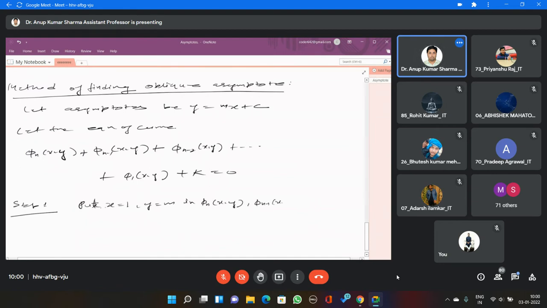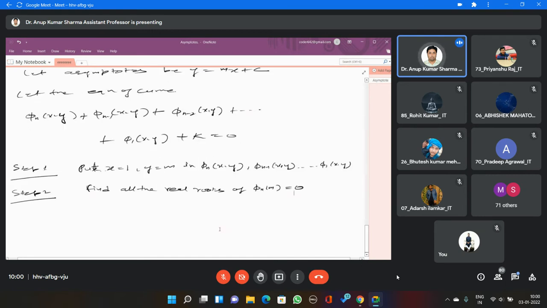Step two: find all the real roots of phi n of m is equal to 0. Find all the real roots of phi n of m is equal to 0.